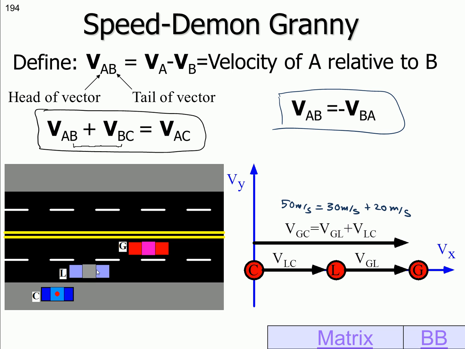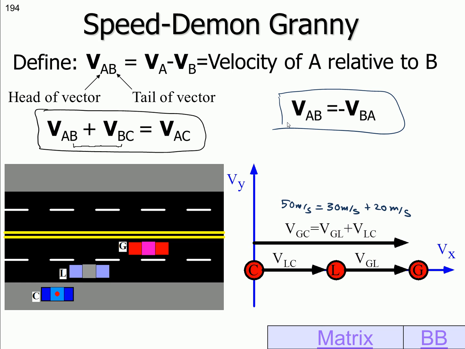And so if we look at the velocity of the cop with respect to the law-abiding citizen, according to L, it looks that the cop is moving to the left at minus 30 meters per second.